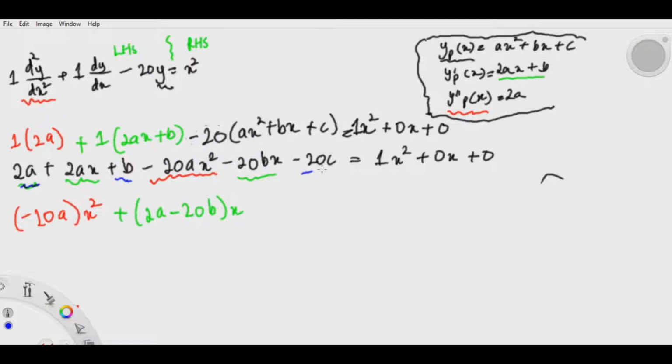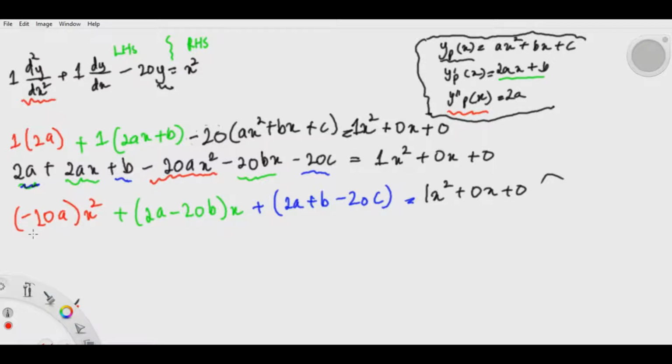That was a glitch in the matrix. Anyway, so plus bracket 2a plus b minus 20c. All of this reflects 1x squared plus 0x plus 0. And if we continue on.